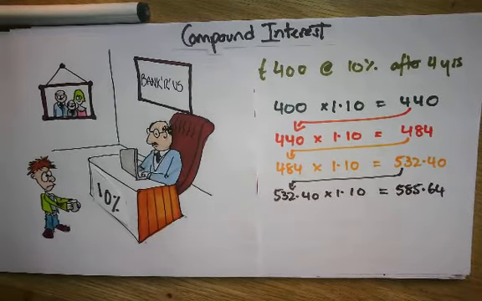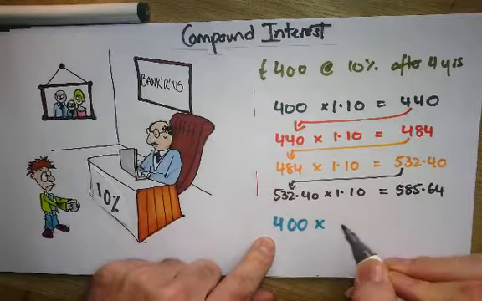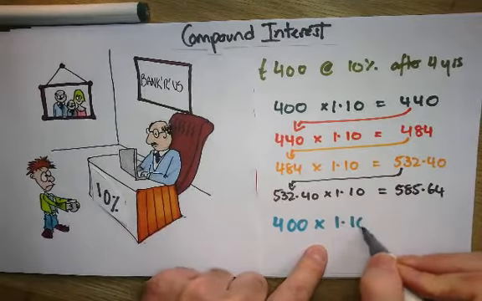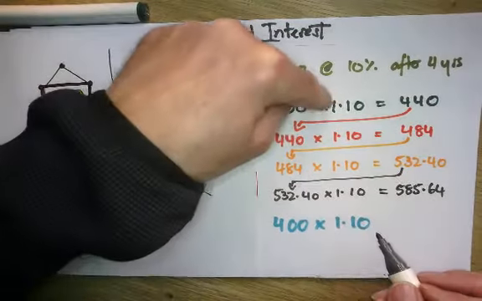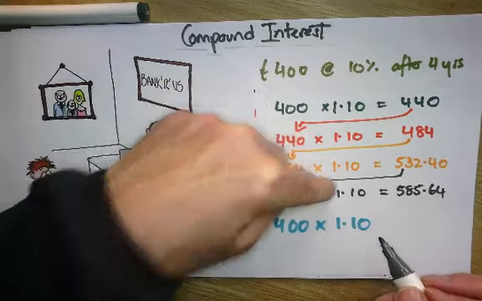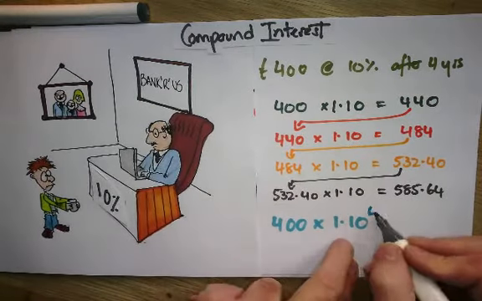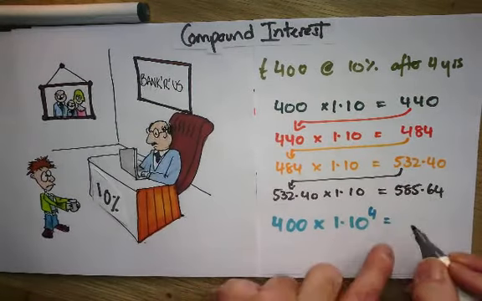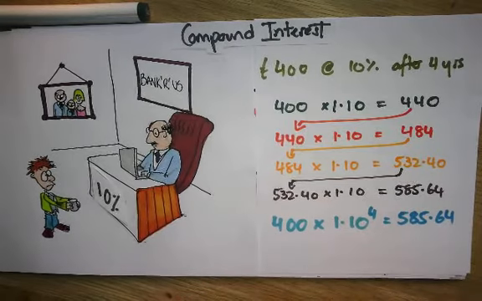What you should see here is that you've got the original amount, and you're always timesing it by 1.10, which is the interest rate. But you've done it times once, twice, 3, 4 times. So it's 1.1 to the power of 4. And that tells you the number of terms. And that will give you straight away that value there.